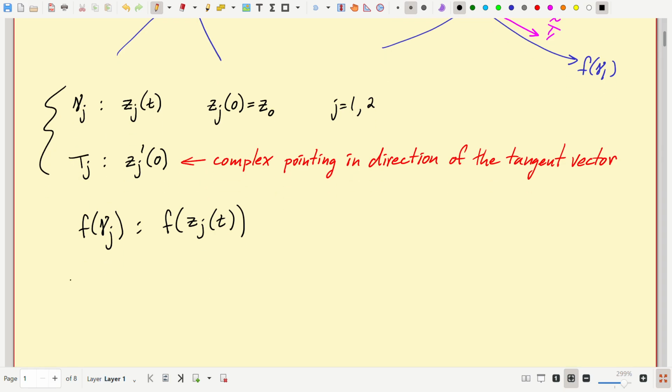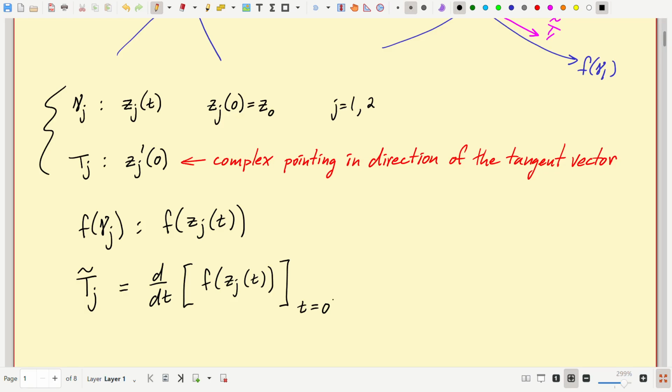The tj twiddles will be given by d by dt of f of zj of t, plugging in t equals 0.